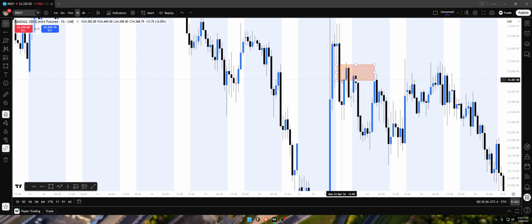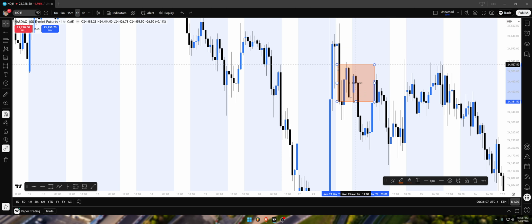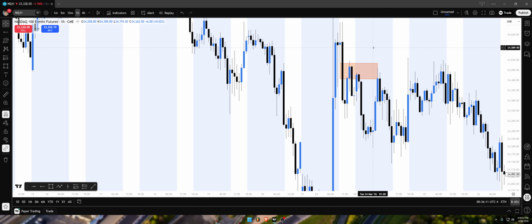Therefore, the space in between the first wick and the third wick is considered the gap. The entire candle is not considered a gap, because where the wicks were is exactly where price got balanced. And where the third wick did not go is where this bearish price is still unfilled, right?